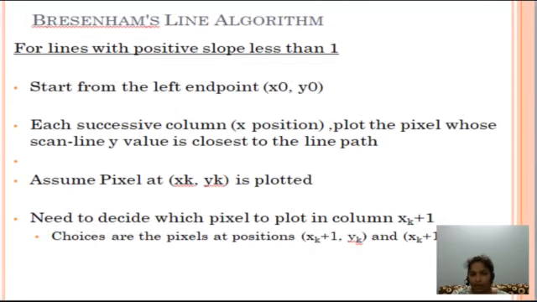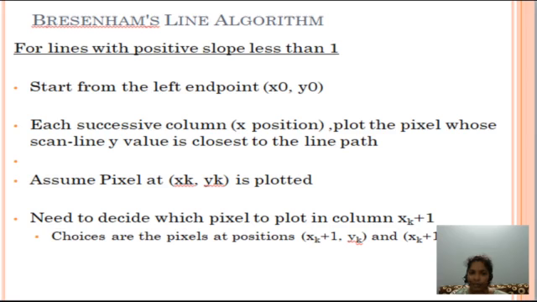For now, first we will discuss Bresenham's line drawing algorithm for lines whose positive slope is less than 1. For drawing this line, start from the left endpoint. Let us plot the first point x0, y0.